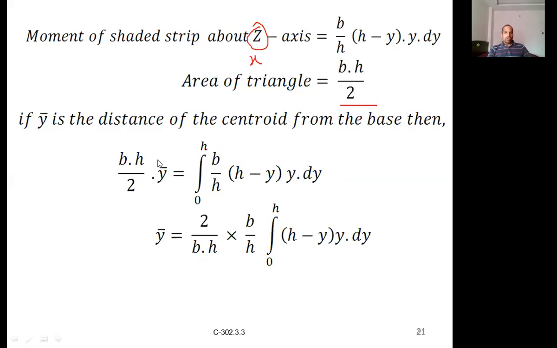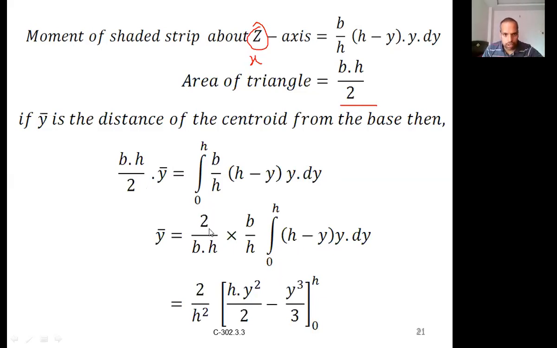So cross multiply: what is in the denominator comes to the numerator. That's why it is 2 by bh into the constant b by h, brought outside the integral. Now b gets cancelled and 2 by h square remains.